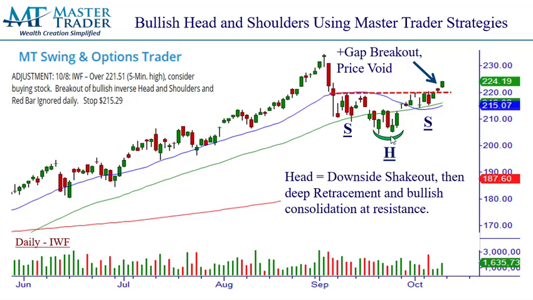We don't know what's going to happen next, but it then rallied back up in the area of resistance and went sideways. We call that the right shoulder. So here's my head, which I'm just defining here for you. It's a downside shakeout, and then it retraces deeply back to resistance, consolidates bullishly, and then the trigger is to buy the breakout.